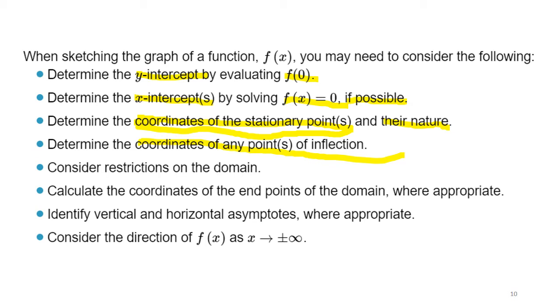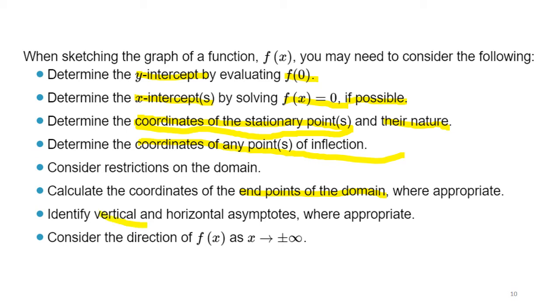Are there any restrictions on the x values of your function? Then calculate the coordinates of the endpoints of the domain where appropriate. So if there are restrictions on the x values, you might want to find the coordinate of the biggest number and the smallest number for x.